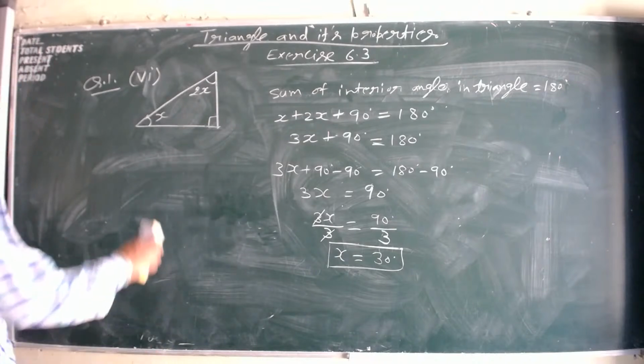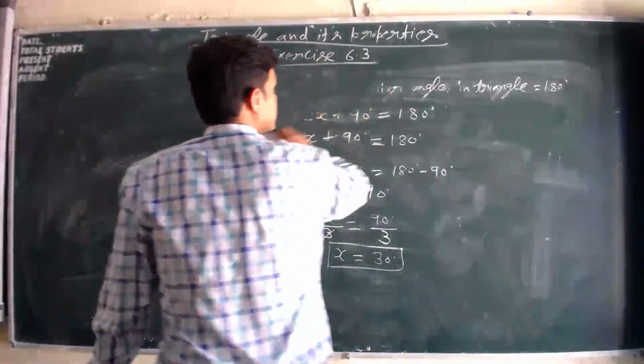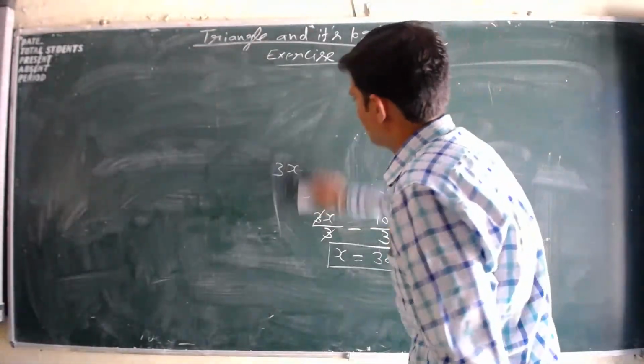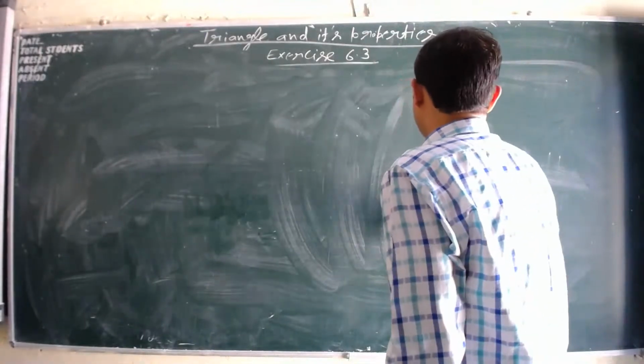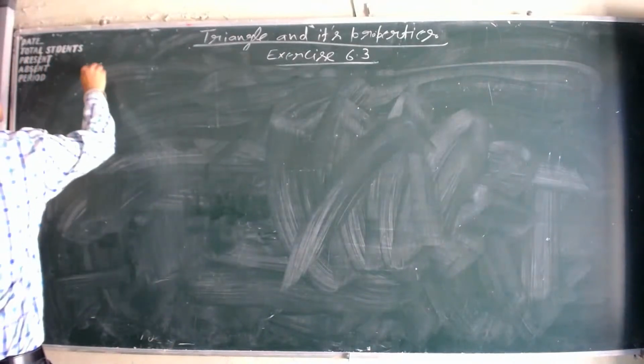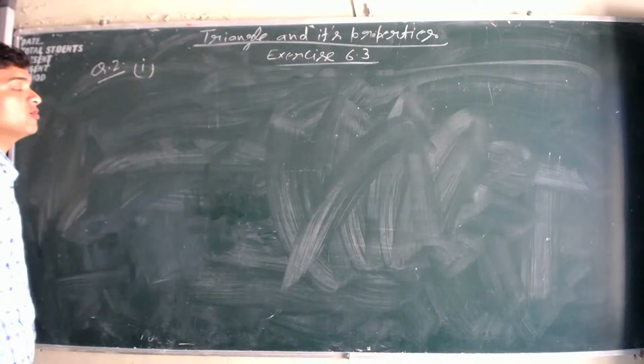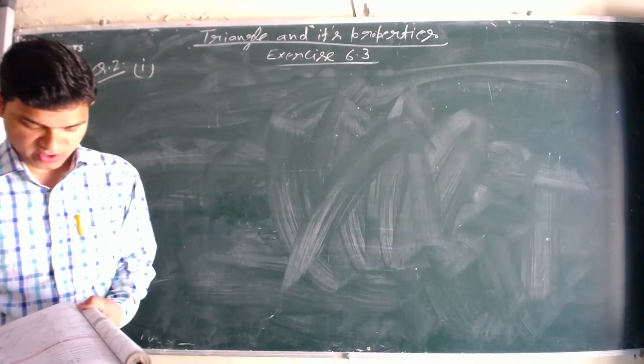Find the unknown value of x and y. Now the second question of exercise 6.3. Question number 2 is we have to identify the value of x and y in the given figures.